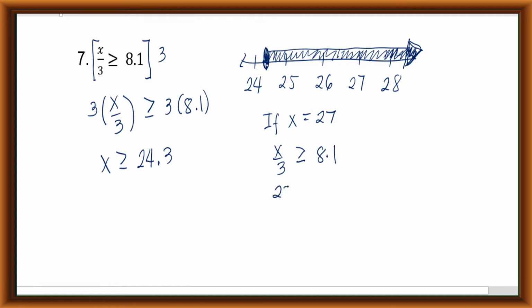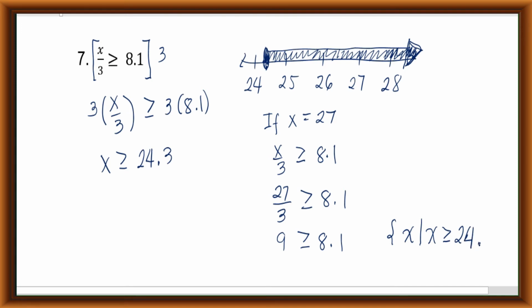So if 27 is substituted, 27 divided by 3 is 9, which is greater than or equal to 8.1. So this is actually correct. So therefore, our solution set is x such that x is greater than or equal to 24.3. So that is for our item number 7.